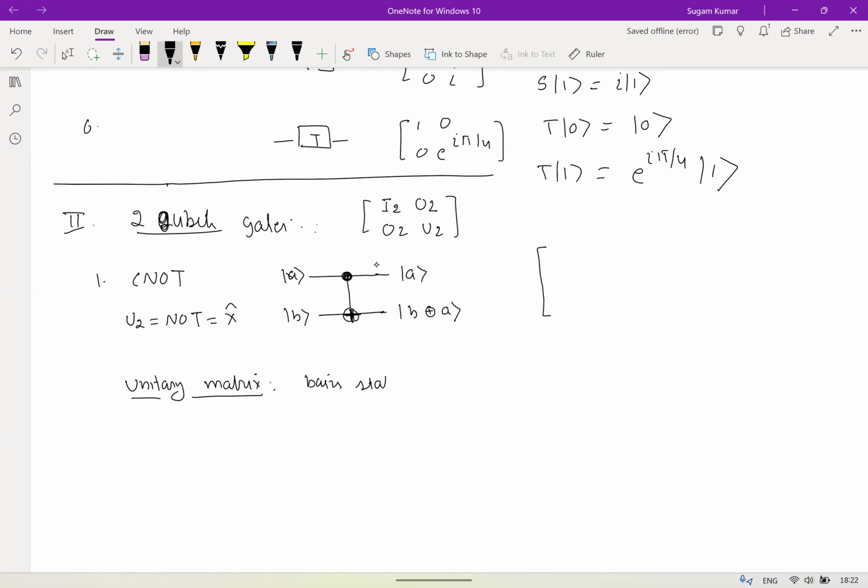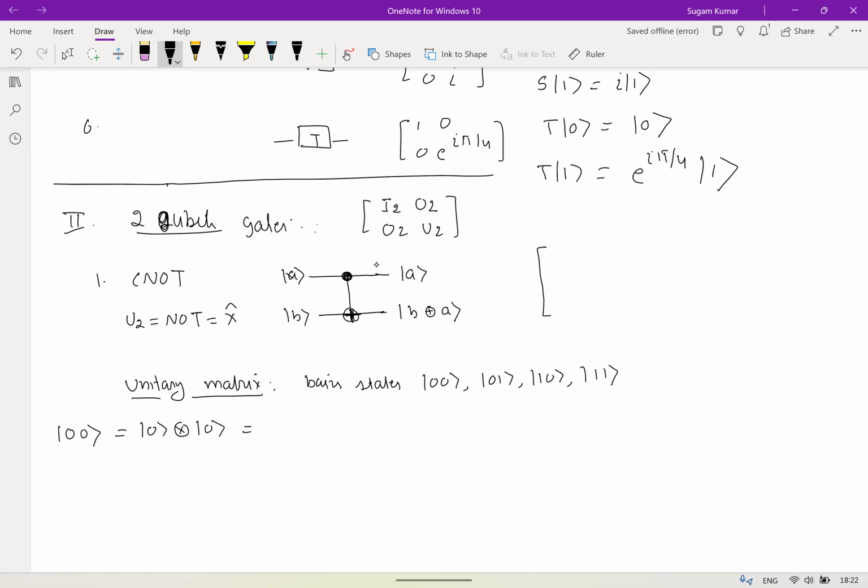The basis states are nothing but 00, 01, 10, and 11. And how can you construct these basis states? Very simple. You take the tensor product of 1, 0 with 1, 0. This is what is called the 00 state.